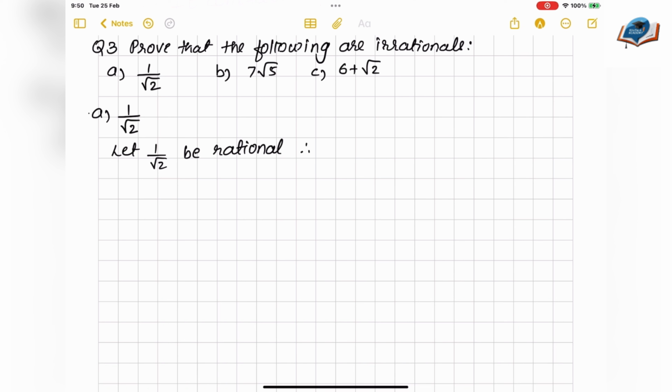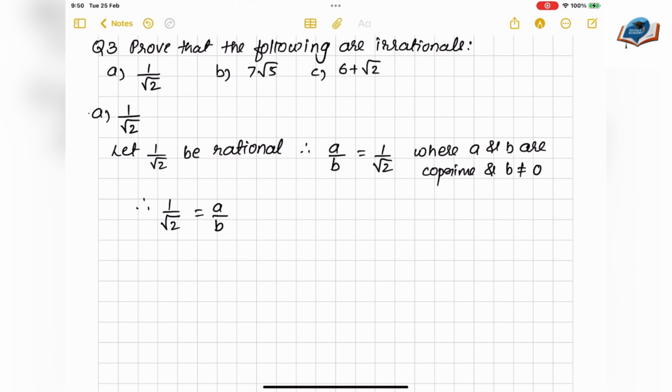Therefore, A upon B equal to 1 by root 2, where A and B are co-prime and B is not equal to 0. Therefore, 1 upon root 2 equal to A upon B. So B by A equal to root 2.